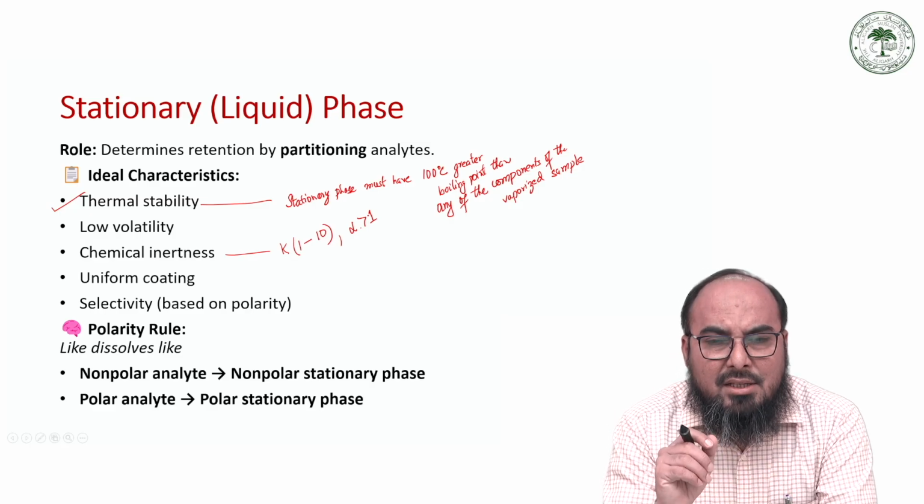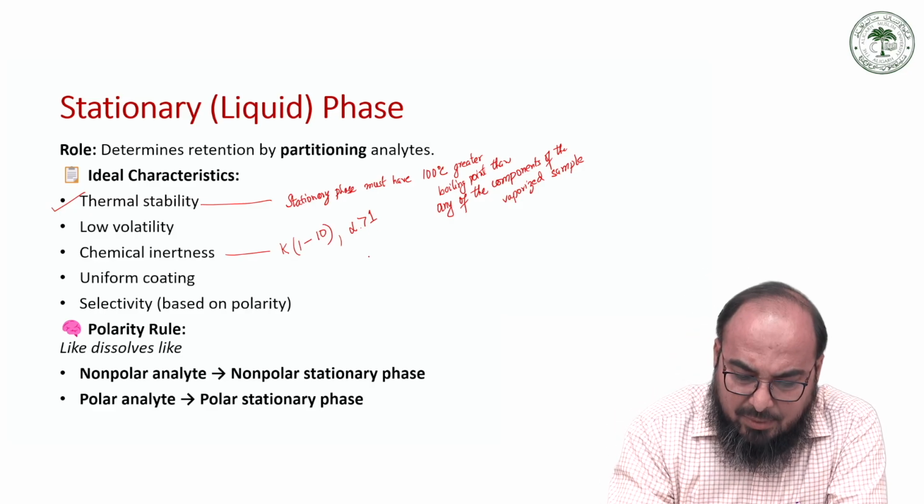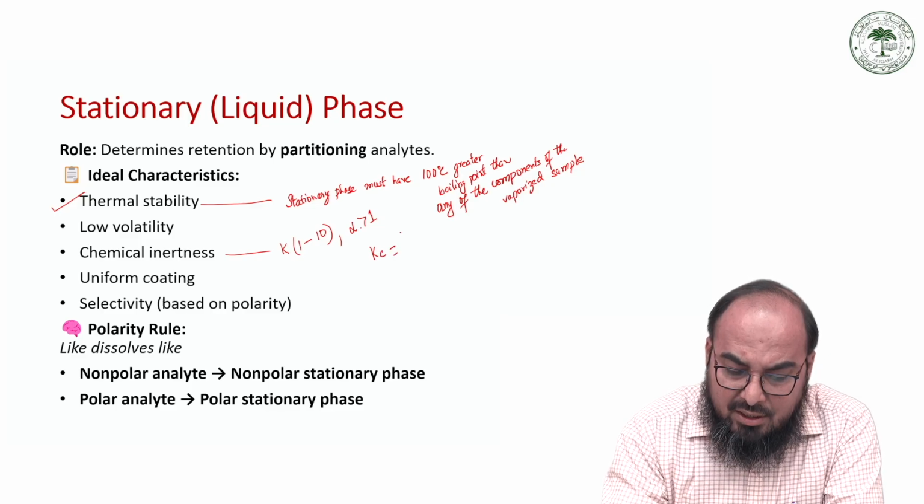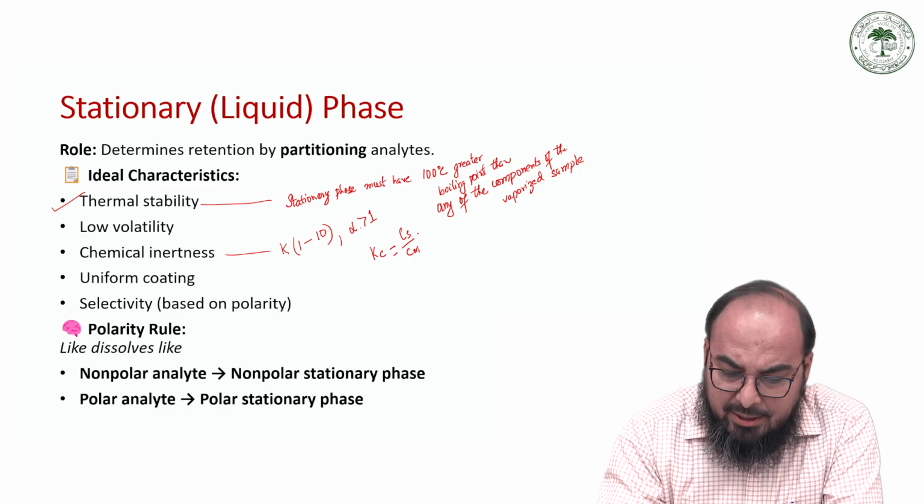Because whenever your substance is partitioning, the distribution constant comes into play, that is called Cs upon Cm. Or simply, if you are having alpha, then it is Kb upon Ka.